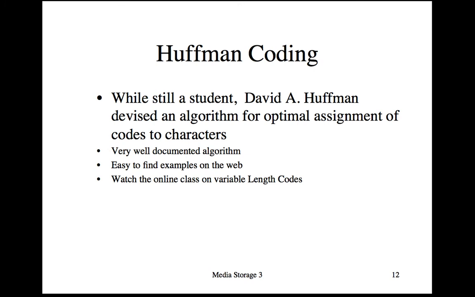His lecturer set as an assignment to devise an algorithm for doing that, and he figured out how to do it in a way that was optimal. So that's why we call it Huffman coding. While he didn't figure out variable length codes, he figured out how to devise them. And so that's one of the main compression algorithms we have.